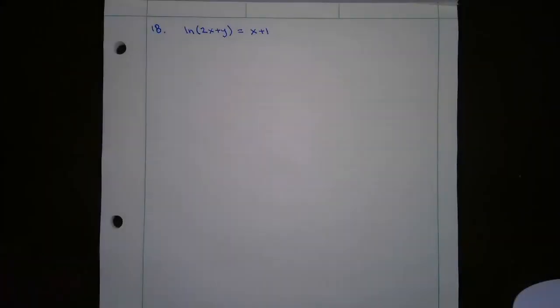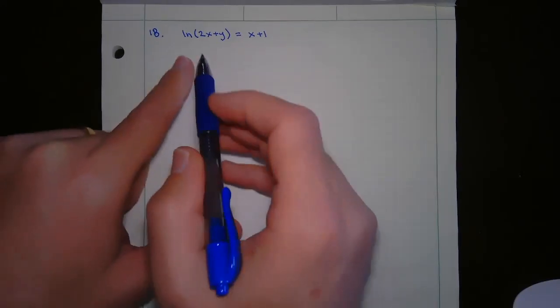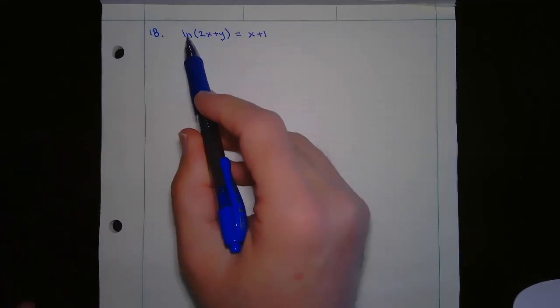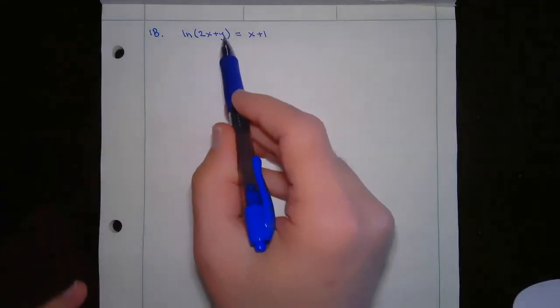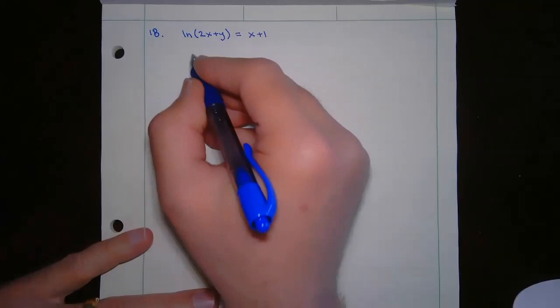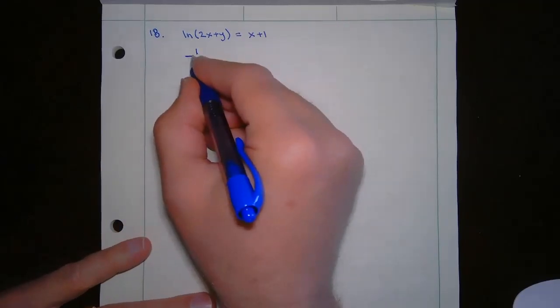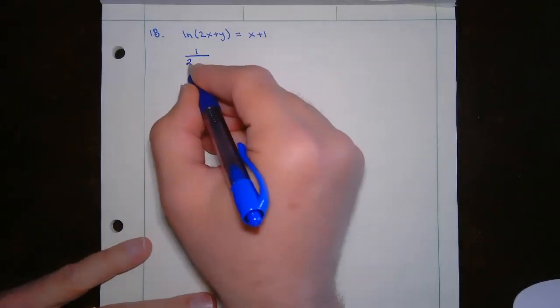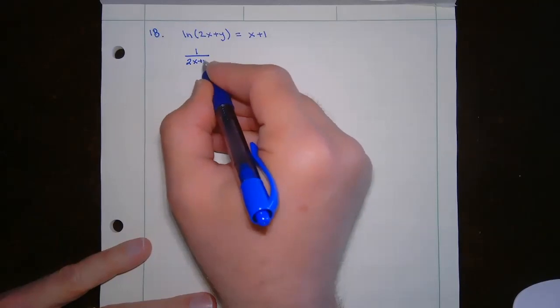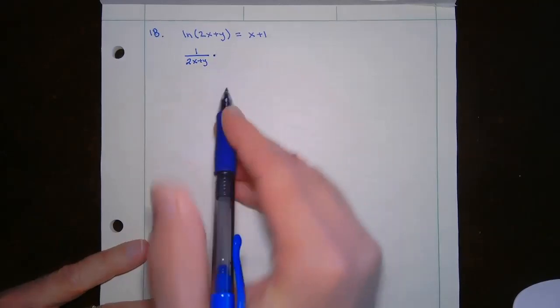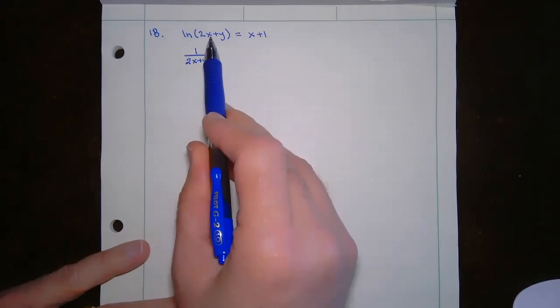For number 18, they're giving you the natural log of 2x plus y is equal to x plus 1, and they want to know what dy over dx is. The derivative of the natural log function is 1 over this, so this is going to be 1 over 2x plus y, times, and now we take the derivative of this with respect to x.